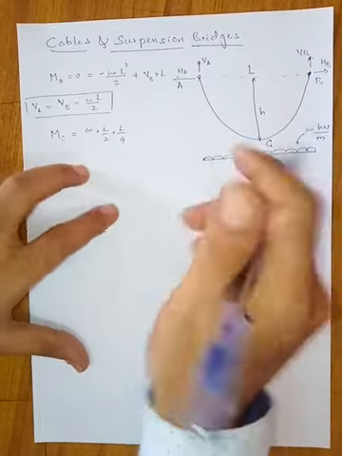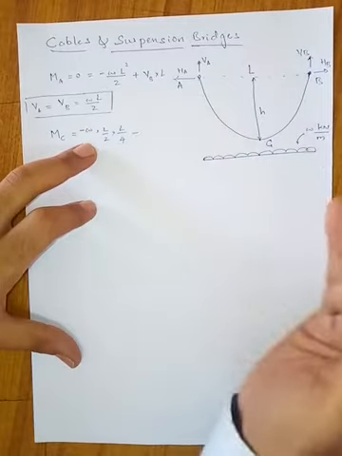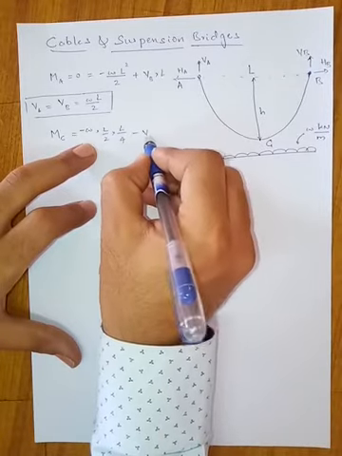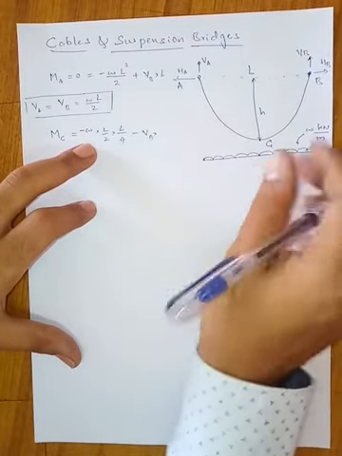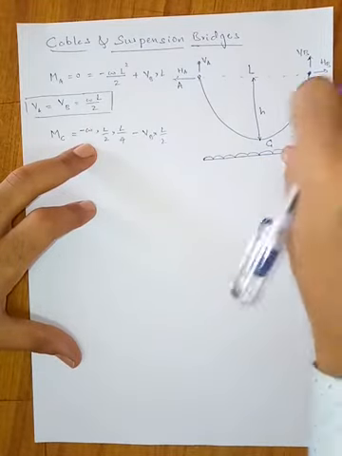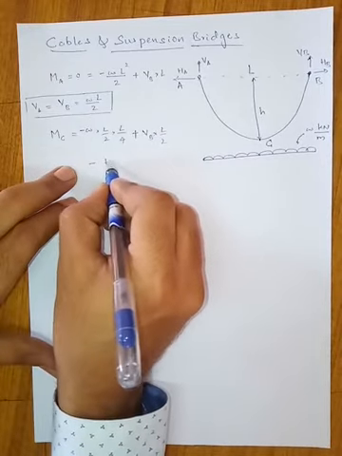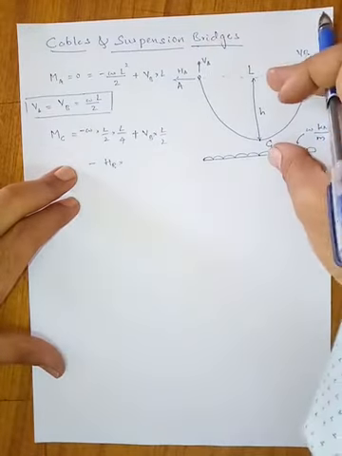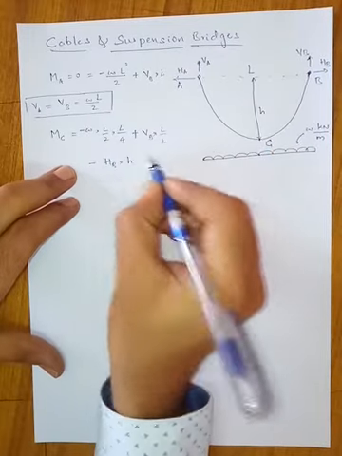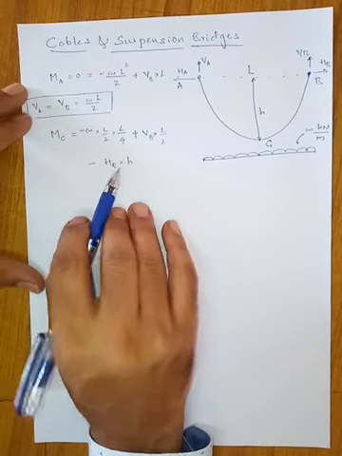Since this is trying to turn clockwise, this is negative. Next we have VB. VB is upward, anticlockwise, so this is positive. VB into perpendicular distance L by 2, and HB trying to turn this clockwise, negative. HB into what is the perpendicular distance? H, small h. Here substitute VB is equal to WL by 2 in this equation and find out HB.